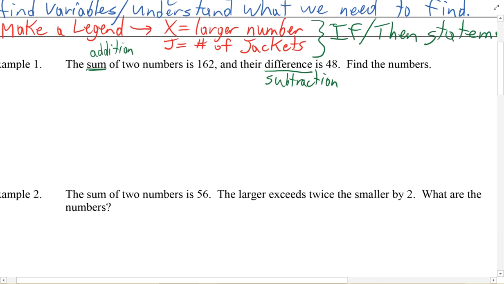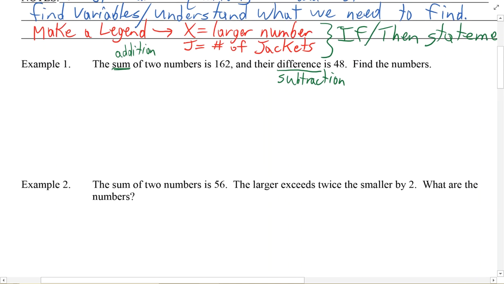You've got to look at these key math words and understand what they mean because they're going to help you make the equation. Let's read the last sentence. Find the numbers. So the two numbers are going to be our variables. Since they're not the same, you're always going to have one number that's larger and one number that's smaller.